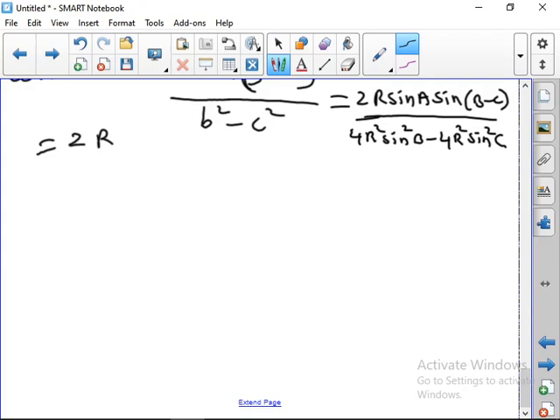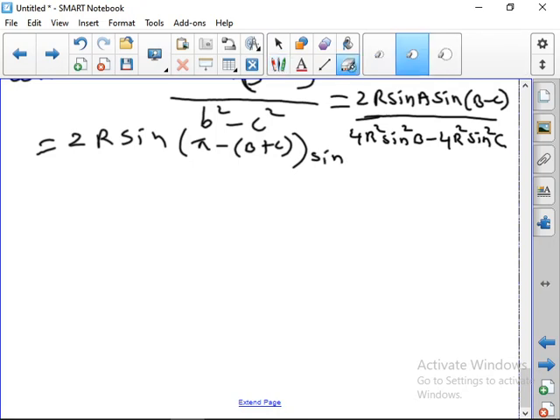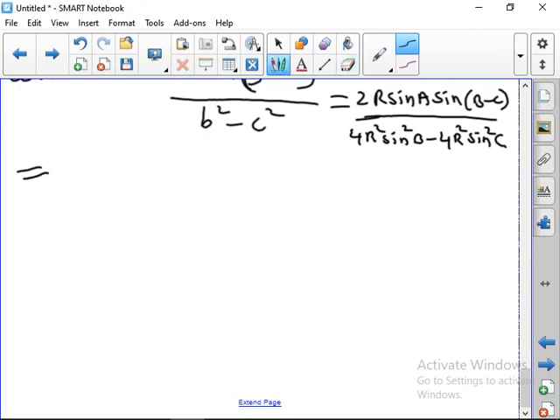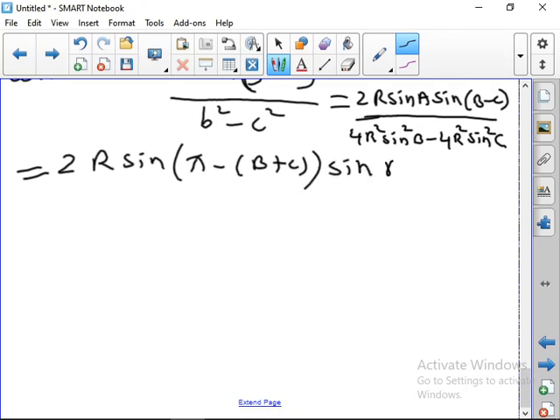How can we write A? Sine of pi minus B plus C. So it is equal to 2R sine A, and A we write as 180 minus B plus C, into sine B minus C, divided by 4R square, which is common.